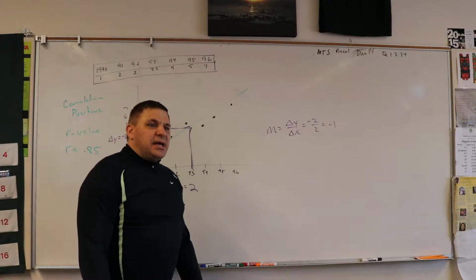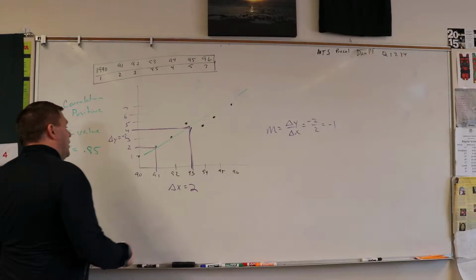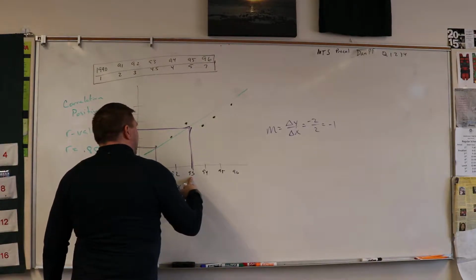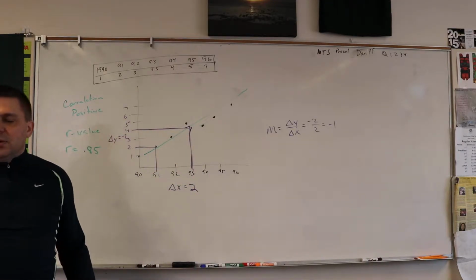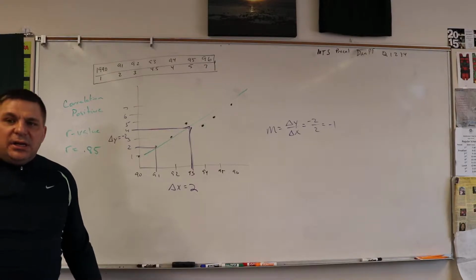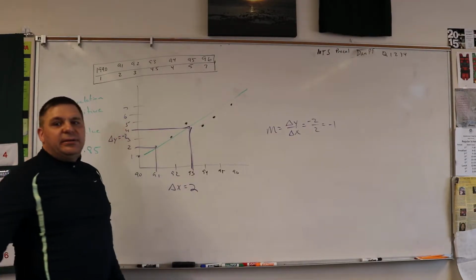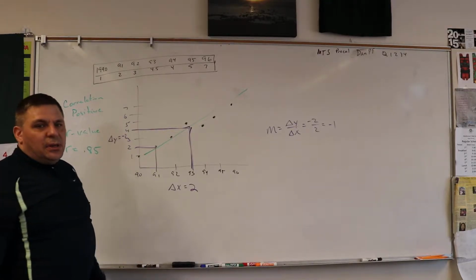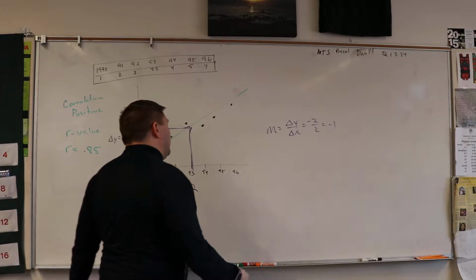So, the equation of the line is, well, grab a point. I have 93, and I have 4, or 1993. Now, if I wanted to, I could have written those as 0, 1, 2, and 3. That's fine also. It just depends on what you want to do. If you want to put it in as 1993, that's fine.